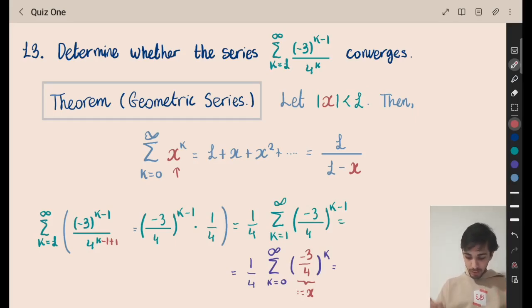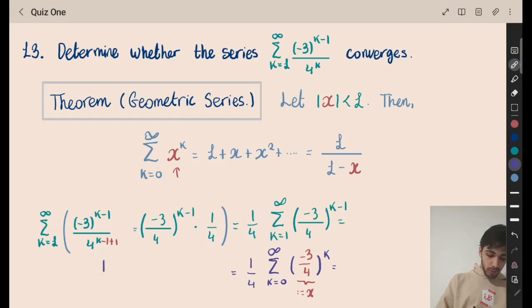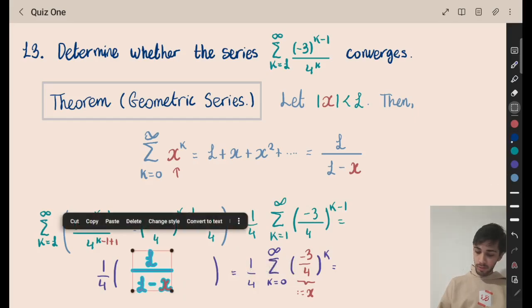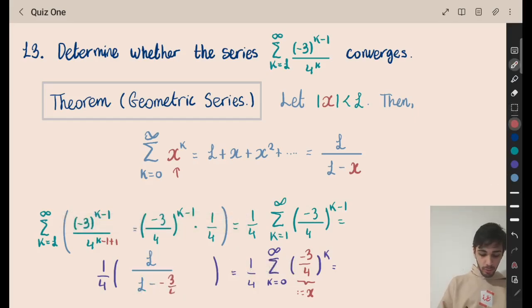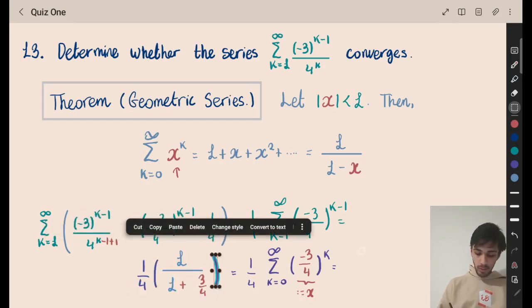But anyway, we would like to now utilize this theorem, and so the quarter is on the outside. Now for the sum itself, I can replace the sum by 1 over 1 minus the multiplying factor, which is minus 3 over 4. Now don't be tricked by the minus. There's already a minus, so these are two minuses, and that is what we get. 1 over 1 plus 3/4.